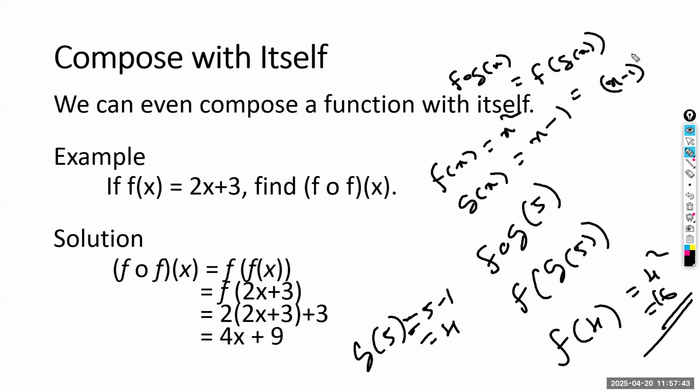That is (x minus 1) squared. So that is f of g(x). So now I need f of g(5). So here you substitute 5. (5 minus 1) squared. 5 minus 1 is 4. 4 squared is 16. Yes, you get the same answer.